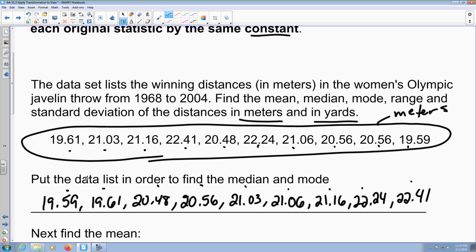All right, let's try this again. So I got 19.59, so check that off. I got 19.61 here. I got 21.03. I have 24.8, 25.6, 21.03 I already checked off, 21.06 here, 21.16, 22.24.